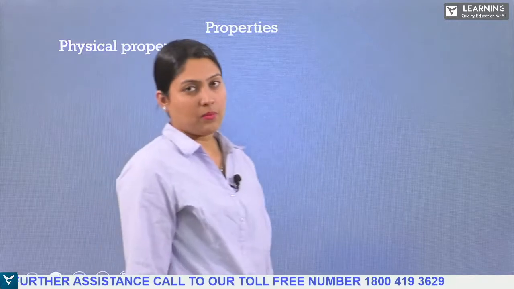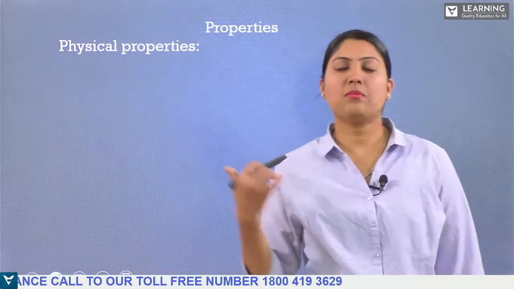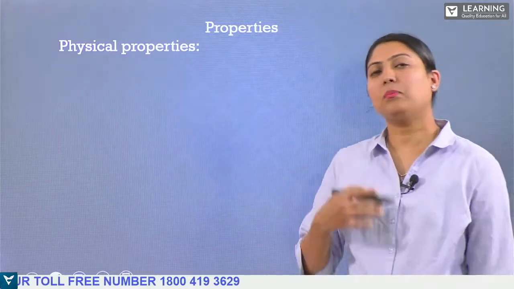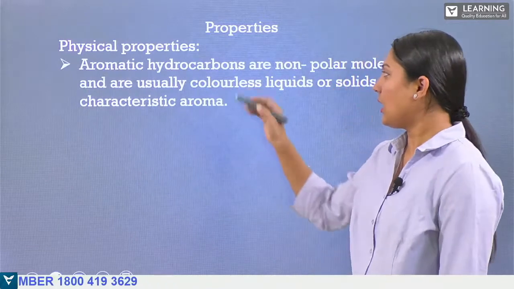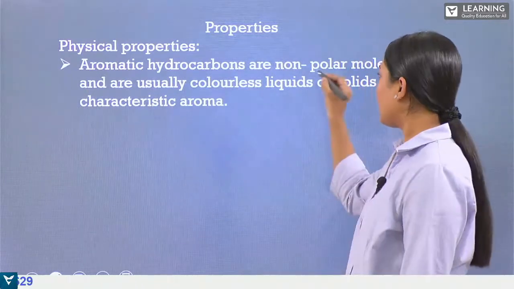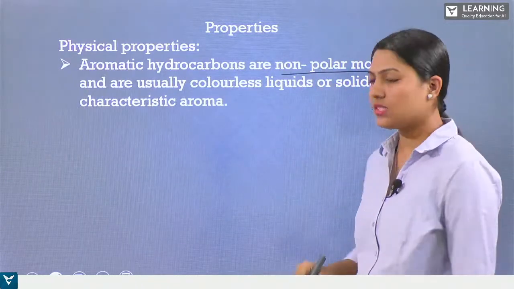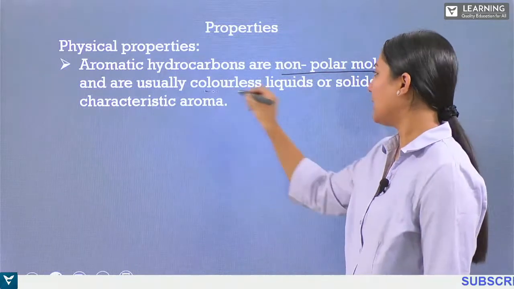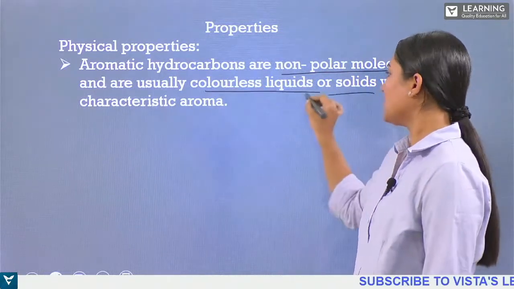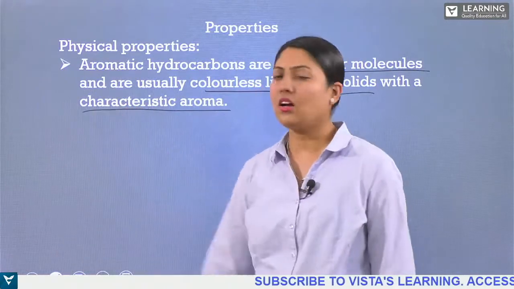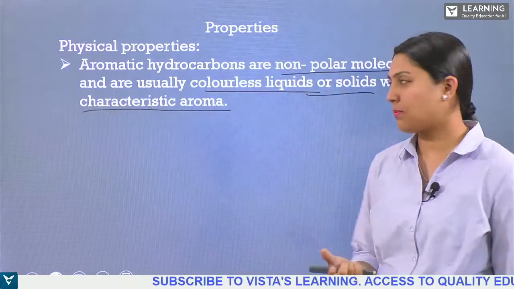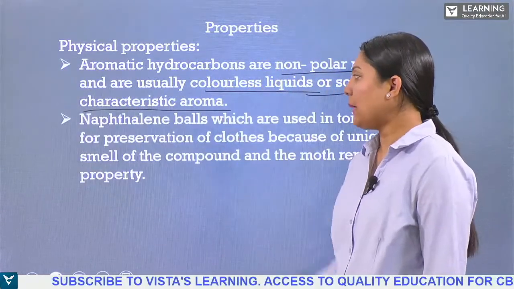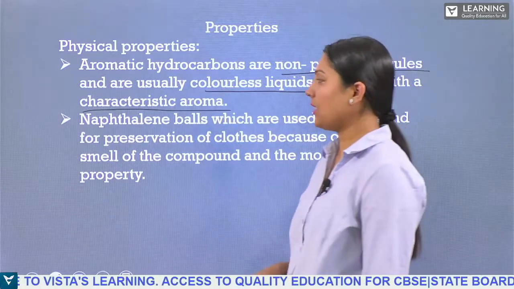Next, coming to the physical properties, as the name suggests, they have a pleasant odor. Aromatic hydrocarbons are non-polar molecules and are usually colorless liquids or solids with a characteristic aroma. Aroma means smell. Naphthalene balls, you might have seen these, right?